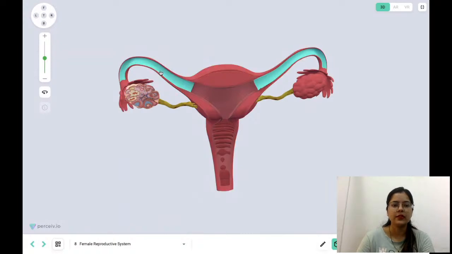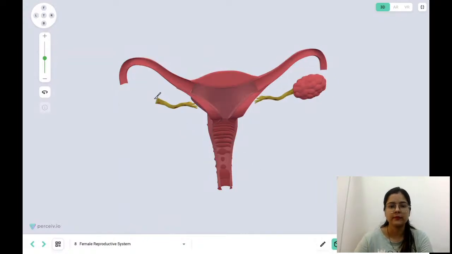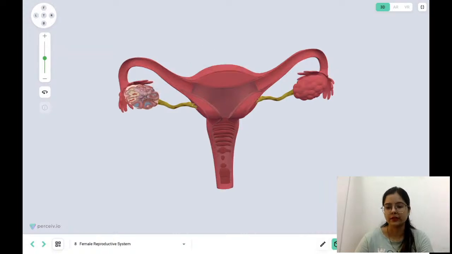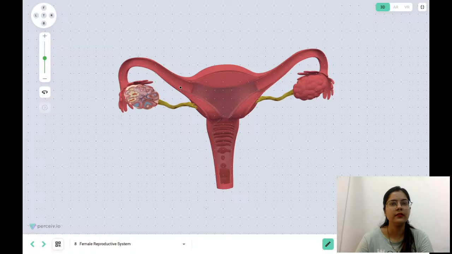So this region which you can see over here, the colored region, is basically representing your infundibulum, ampulla, and isthmus. And if I just slice out this part like this, this is the region through which you can have a knowledge of the three categorizations. All right. So that is the case. So we have seen the ovary and the fallopian tube part.